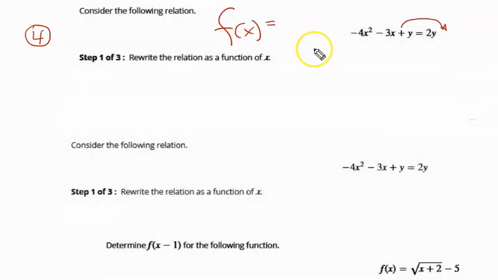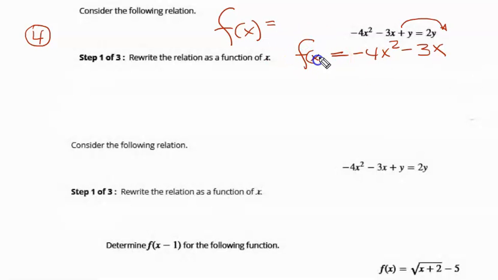So we would have y, going from this end, equal to -4x squared minus 3x. And now we can substitute the y with the function notation. That's what they'll give you in the practice and certify, and that would be the answer.